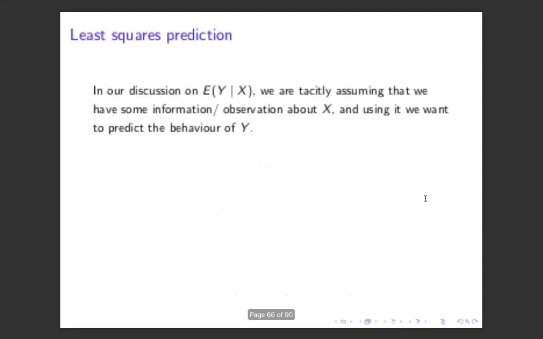Now, as an interesting digression, we will look at least squares prediction, which you might have seen directly or in subtle fashion in a statistics course. So now we are back to considering y and x as scalars.